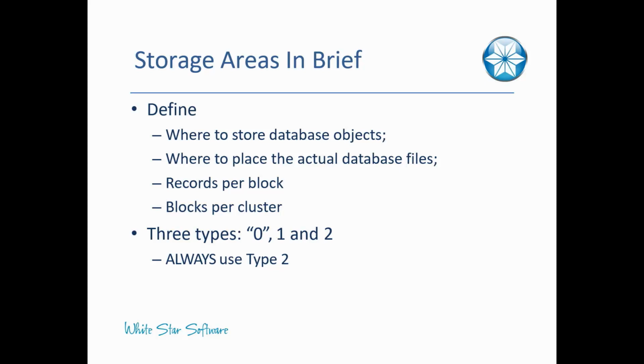And we do that to better tune the database, to retrieve more records with less reads. So there's 3 types of storage areas. So basically type 1 or type 2. Type 0 is basically type 1. And you always want to be on type 2 storage areas.